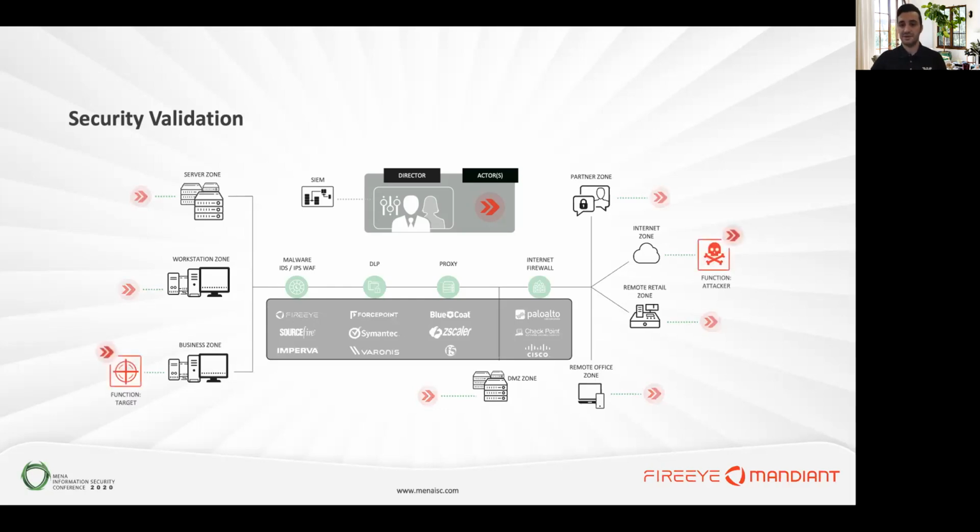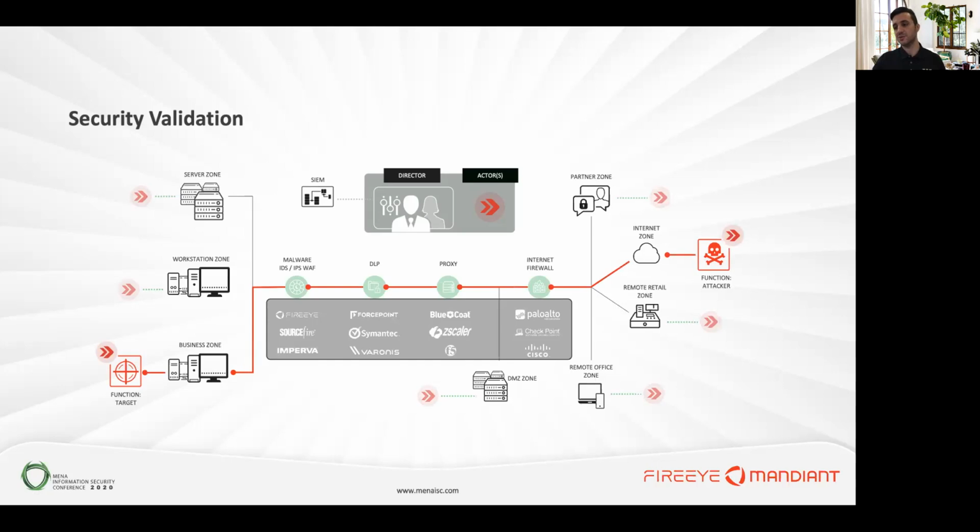Here's the attacker and here's the target. In this case, we're looking at an attack from outside in, but this could definitely be inside out. This could also be east-west. Any pair of actors can work together to test your controls for lateral movement.